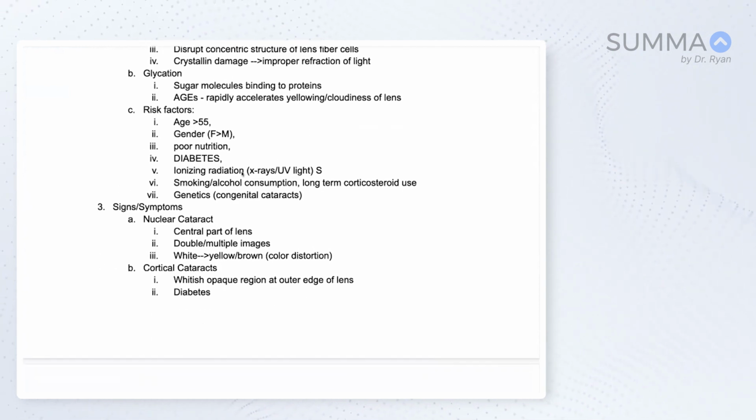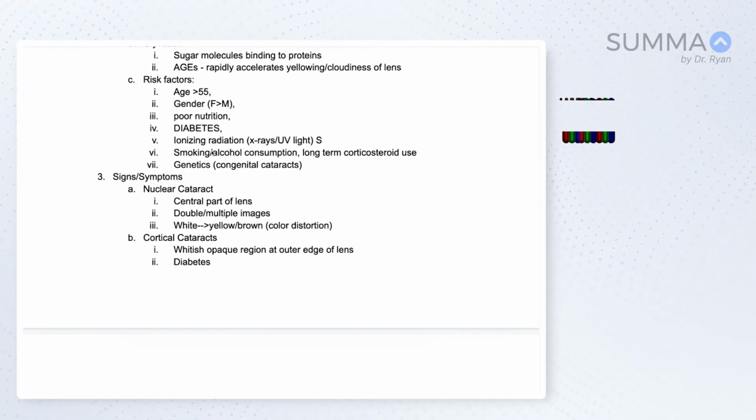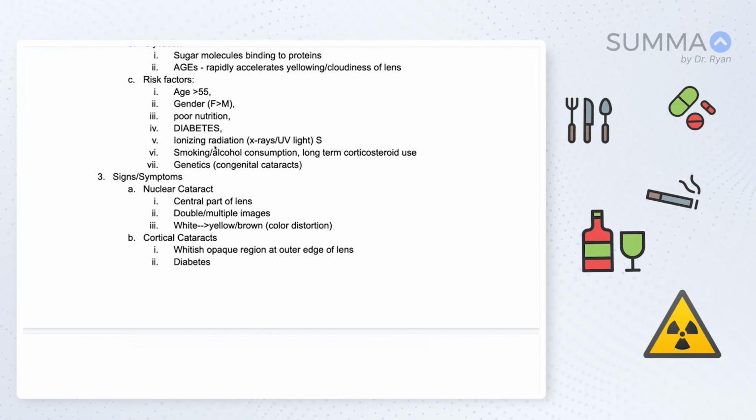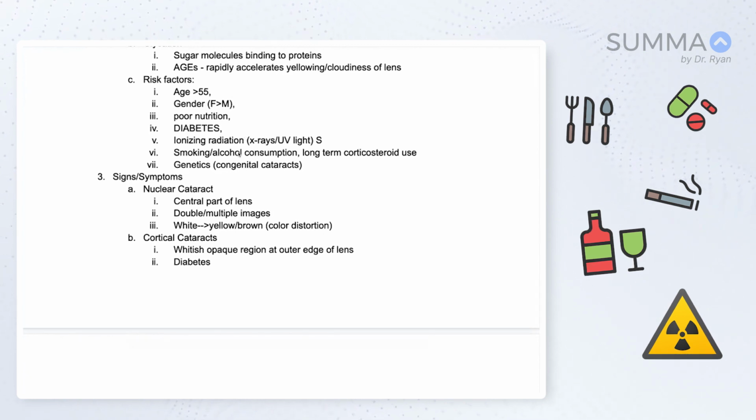And then there are other risk factors, some of which we can change, some of which we can't. Age apparently is one of them, greater than 55 is associated with it. Gender, females tend to get them more often than males. Poor nutrition, diabetes, things that we can certainly improve upon. Ionizing radiation, so both exposure to the sun, like ultraviolet radiation, or workplace exposure. If you're in an area where you're exposed to x-rays, perhaps a dental office or in the hospital.